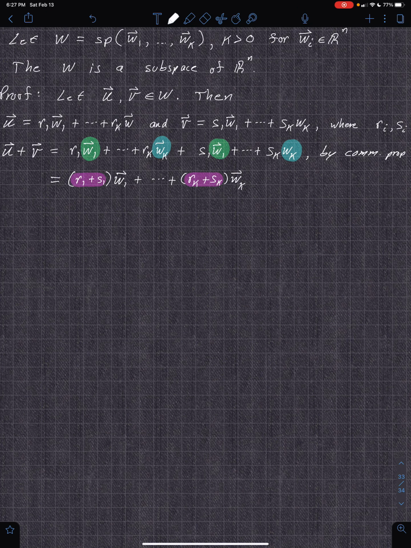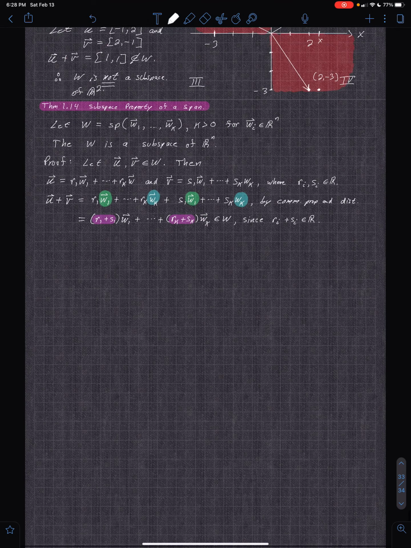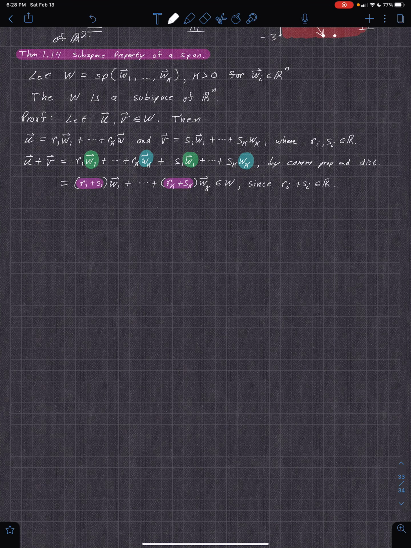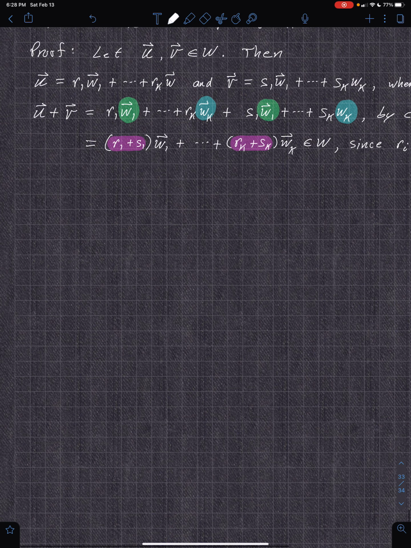So that is in W, since r sub i plus s sub i is in R. It's arbitrary in R. So it would have been one of those scalar coefficients. Okay, so that's what we have. Now you just need to show scalar multiple, and it's of course very similar. Okay, so that was 1. And then 2, let's show that.